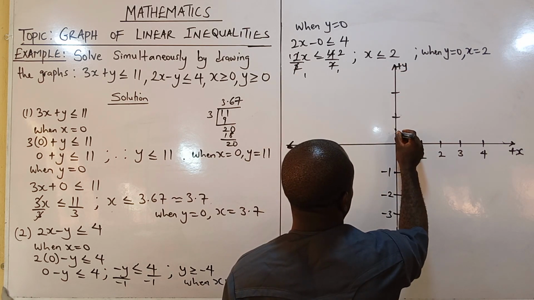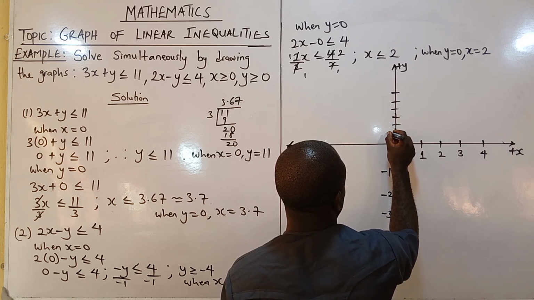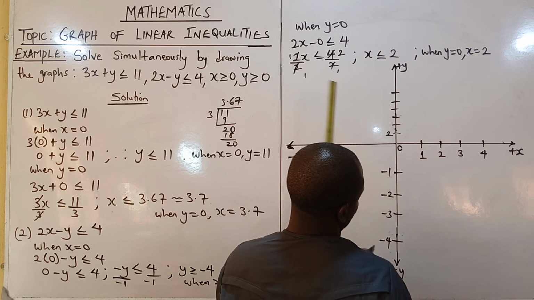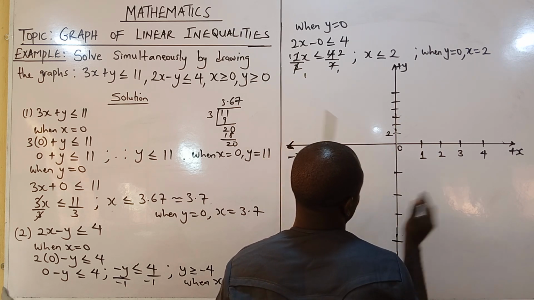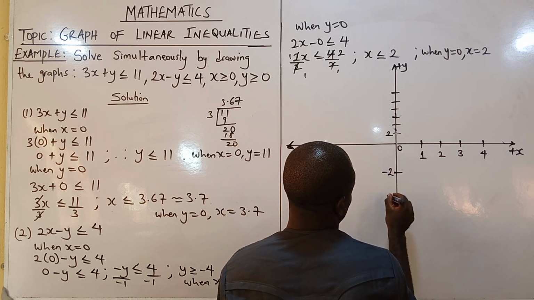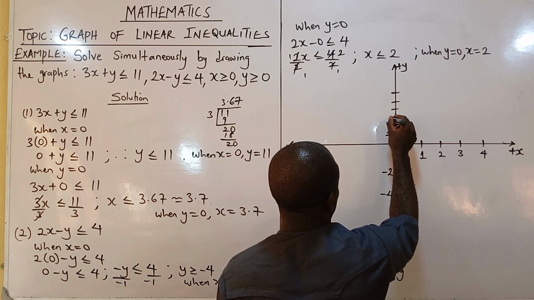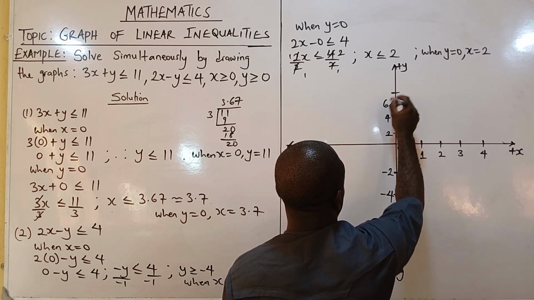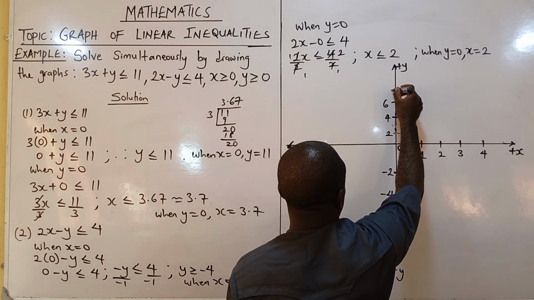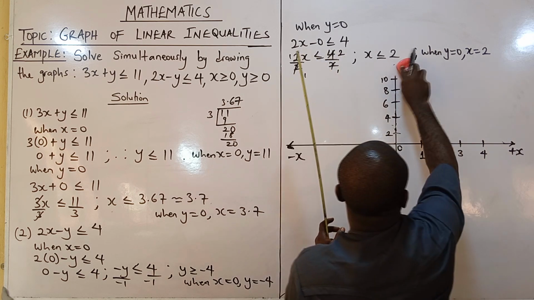Now let's set up the axis scale. I make it 2, 4, 6, 8, 10, so it will be 12.